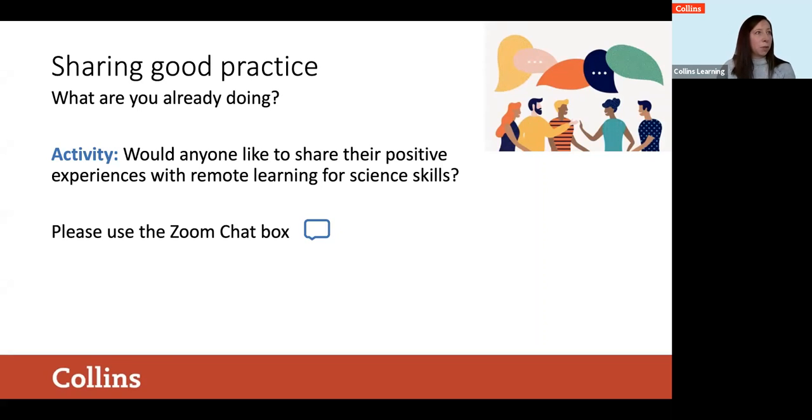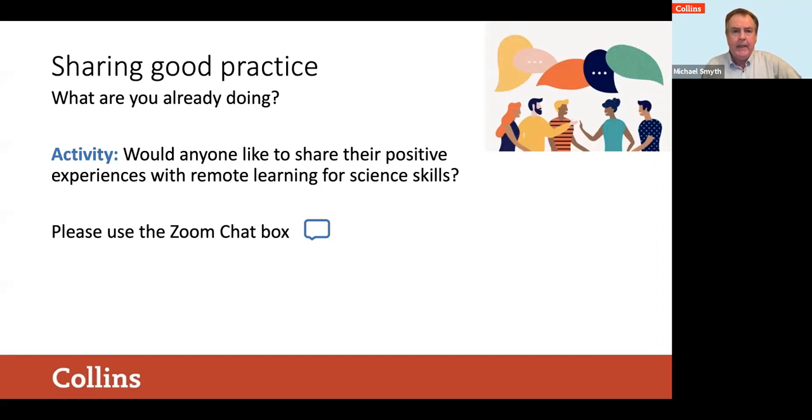I think some people have put that in. So some people have said the use of simulations has been successful, especially for lower secondary science. Another person has said, like what you shared before, using scaffolding and making it less after a few discussions, so reducing the scaffolding.